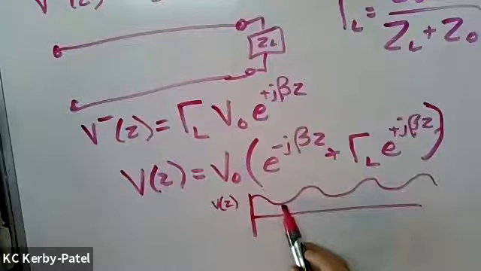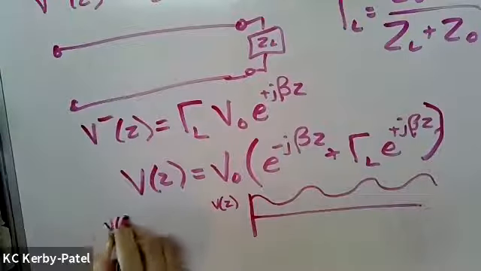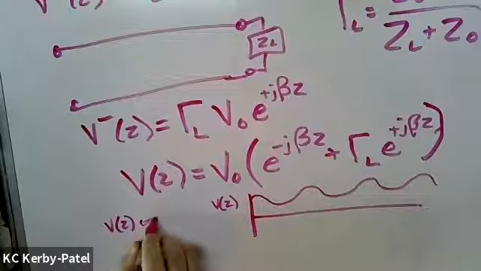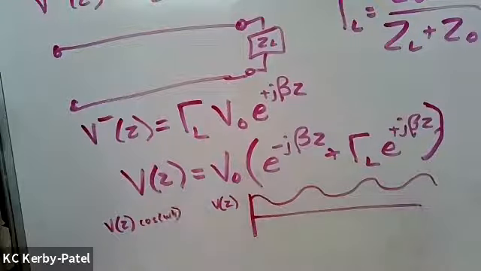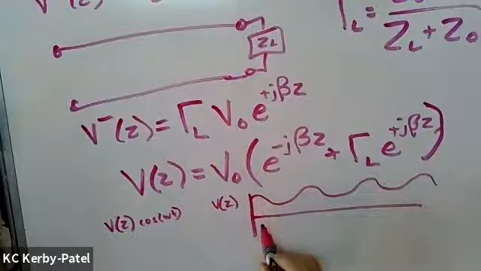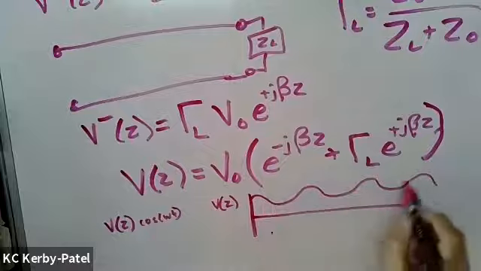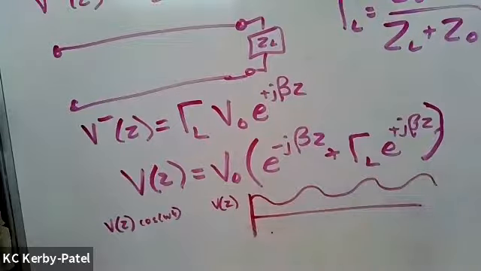It's all got e to the j omega t attached. So this is like the amplitude. It might be v of z and then actually have cosine of omega t on it. So it's still going to pass through zero, become negative, become positive again. It's going to oscillate like this, with the amplitude profile along position multiplied by a cosine.